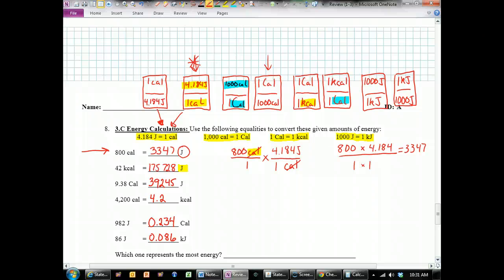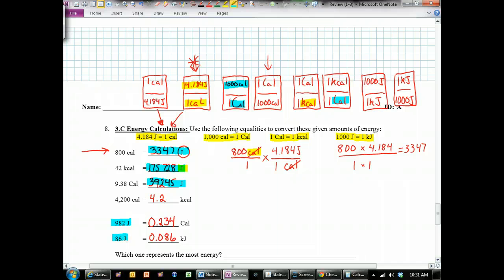Then the last question is, which one represents the most energy? Well, the one with the highest number represents the most energy, but you have to make sure they're all in the same units. If you look at the numbers, we have almost all of them written in joules, and I'm highlighting those numbers.